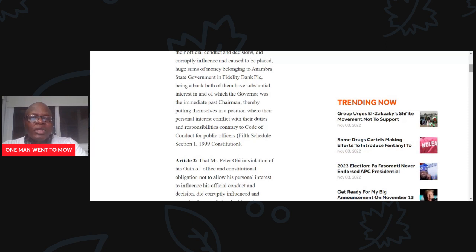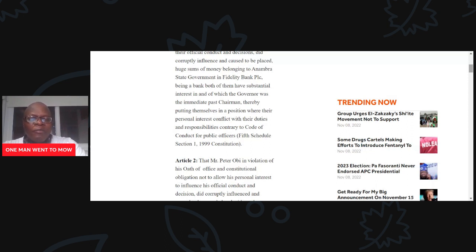And that is not to say that he stole the money and then it was found in Fidelity Bank by eagle-eyed accountants and investigators. No, but there's a conflict of interest there because he stands to gain personally, being one of the key investors in that bank and using the state funds to boost the balance sheet of that bank and to profiteer from it.